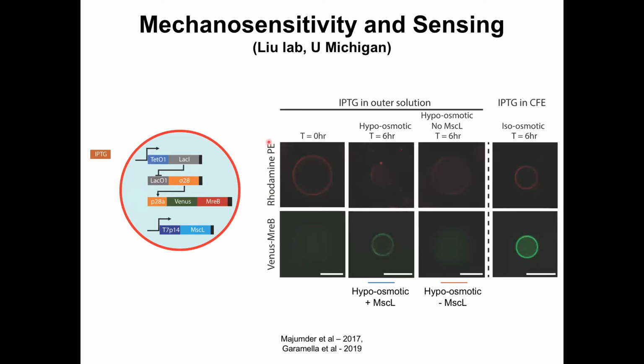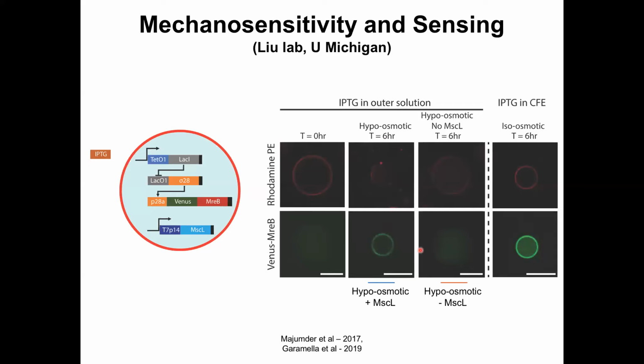It's at time 0, and you see when you are in hypoosmotic conditions, we effectively open up the membrane, diffuse the IPTG inside, inhibit that switch here so that we can express MreB that co-localize at the membrane and make the liposome tougher in terms of mechanical robustness.